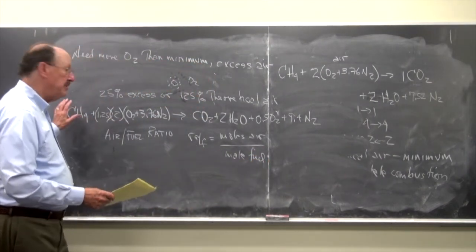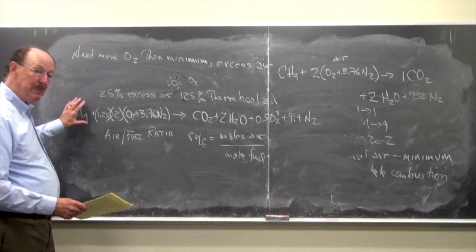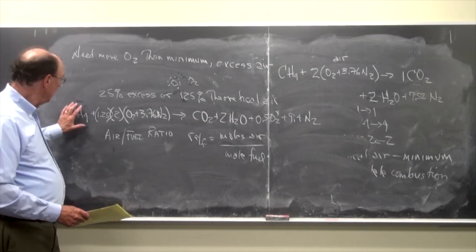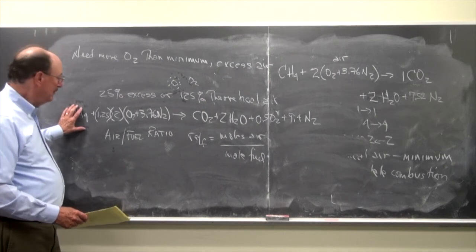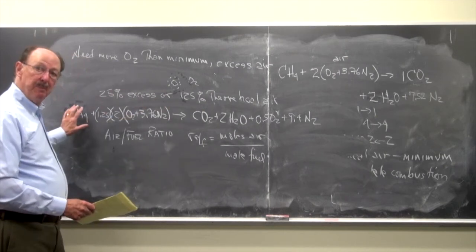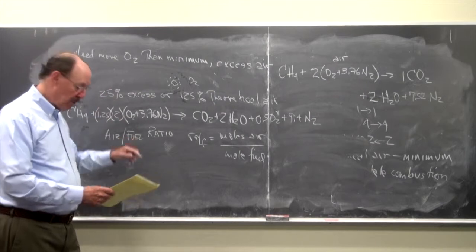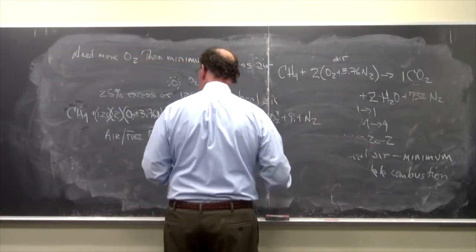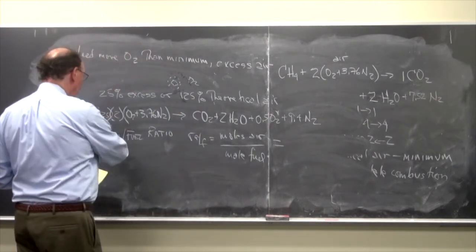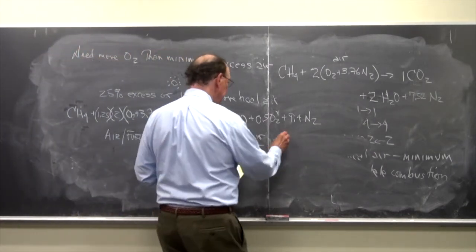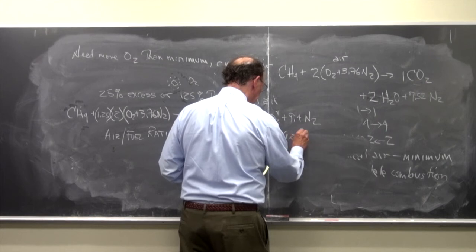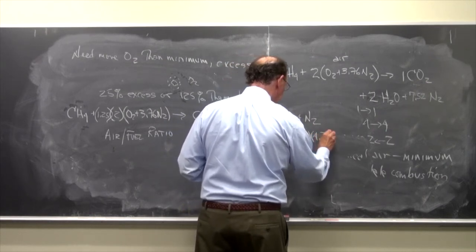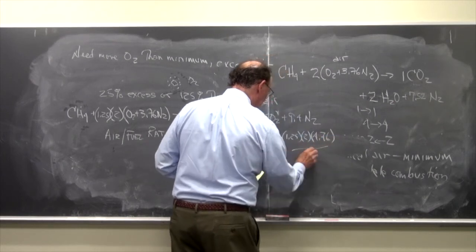Notice that the reaction equations that we do are always balanced for 1 mole of fuel. So everything we do here is balanced for 1 mole of fuel, and then everything else is based on that 1 mole of fuel. So now the moles of air, so if I look at this, 1.25 times 2 times 4.76 divided by 1.